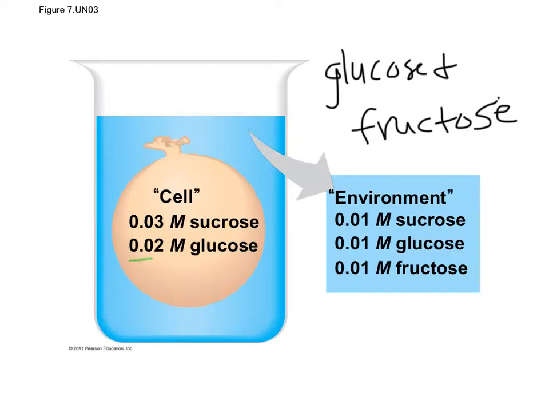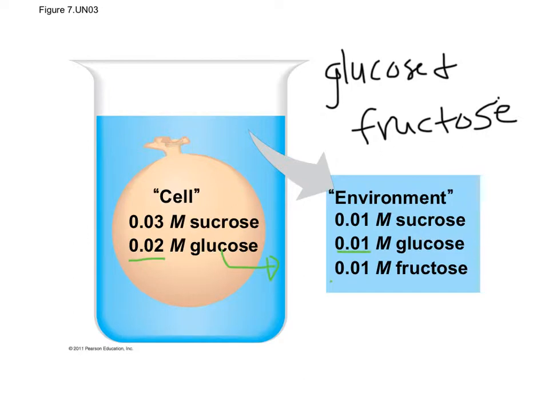We have 0.02 molar glucose, that's just a measurement of concentration, 0.02 inside and 0.01 outside. So there's more glucose inside than outside. So the glucose will move out into the beaker until the concentration's equal, until each concentration is 0.015 molar glucose inside and 0.015 molar glucose outside.